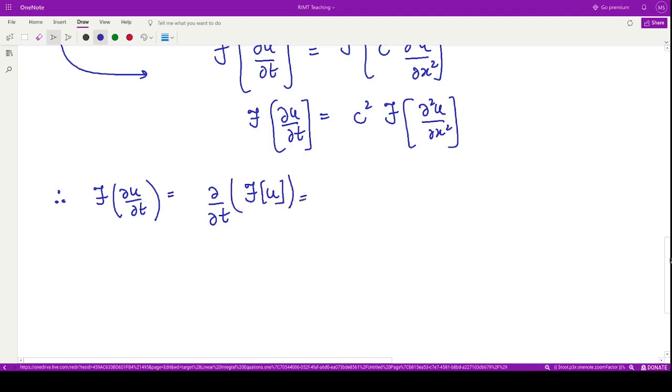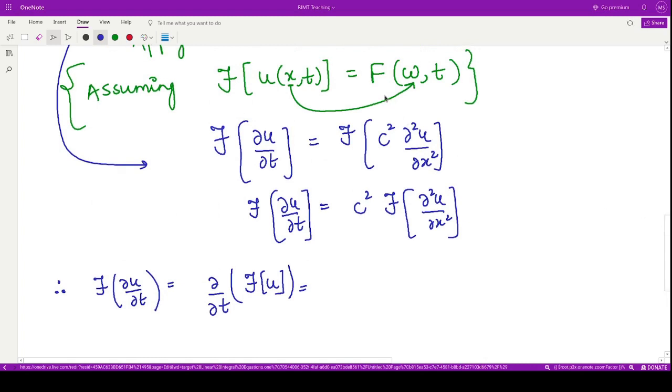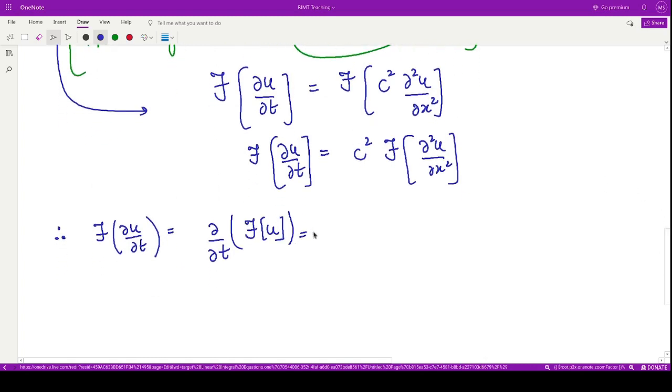Fourier transform of u, we have considered this to be the function capital F of omega t. So this is equal to del by del t of capital F of omega t. Now omega is constant, so this derivative could be written as the ordinary derivative only. So we could write this to be d by dt of F of omega t. So this is our left hand side.